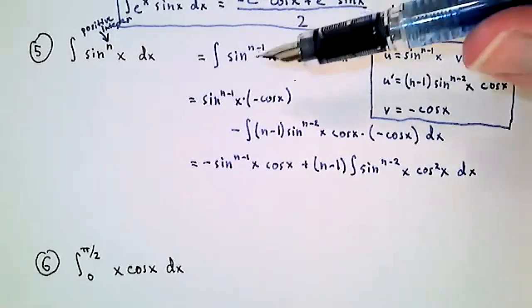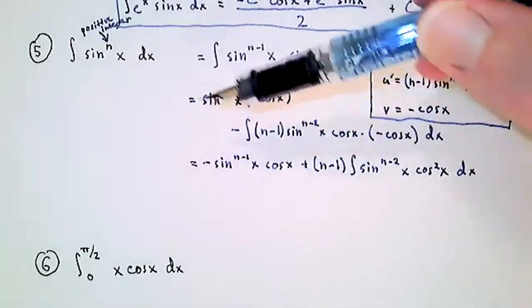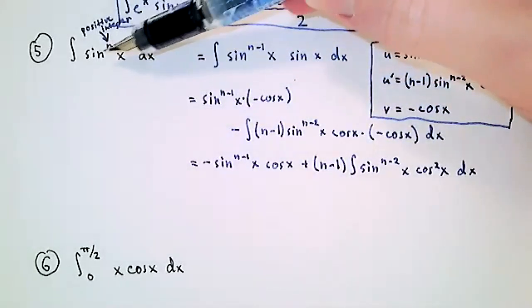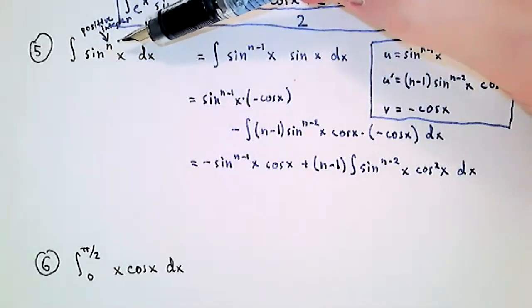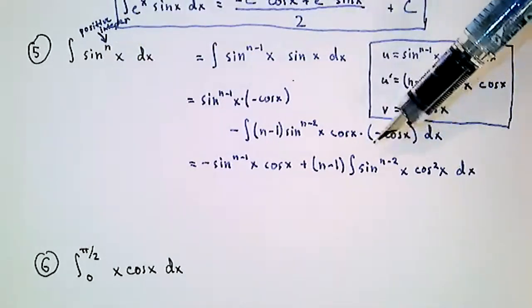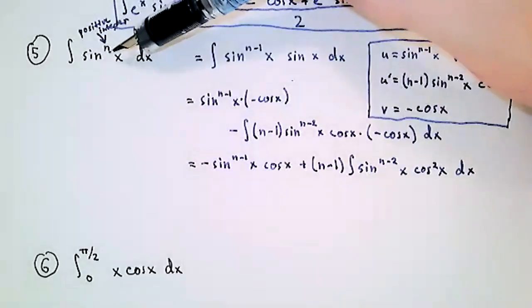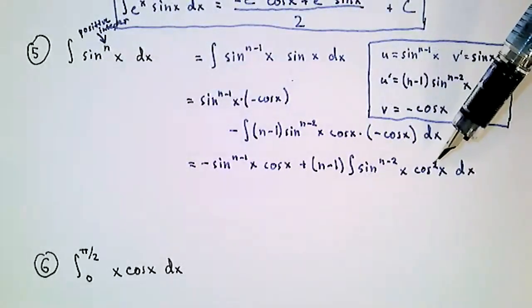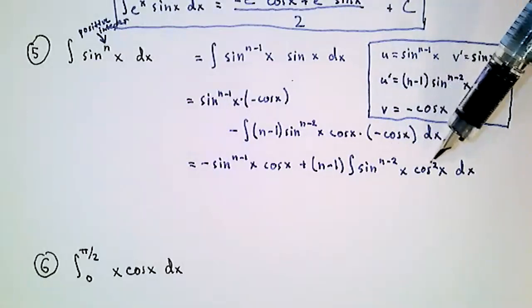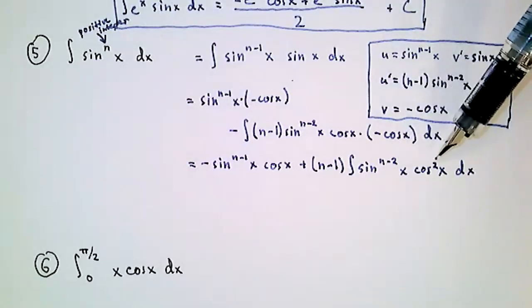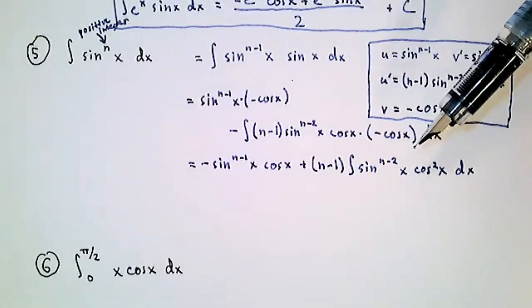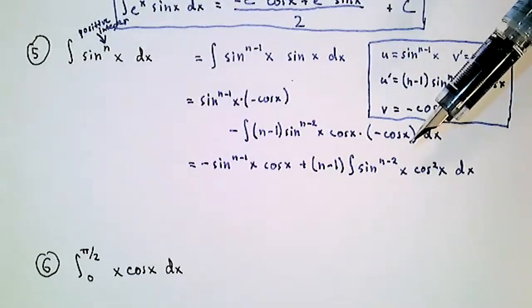Okay, so here was the trade-off that we managed. We started with sine to the n power, and what we did with integration by parts was we transferred 2 of those powers into a cosine. So what can we do next? What do you think?